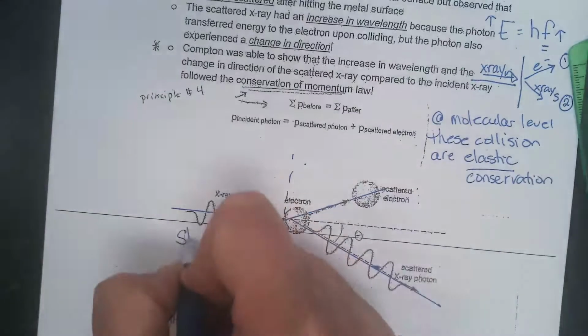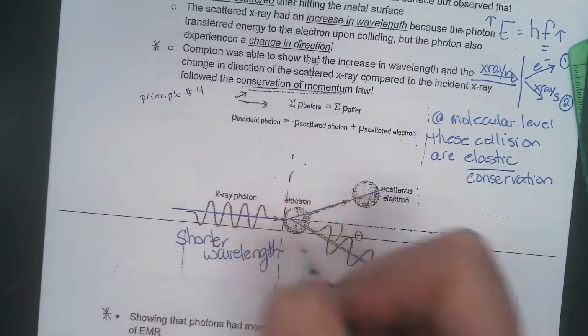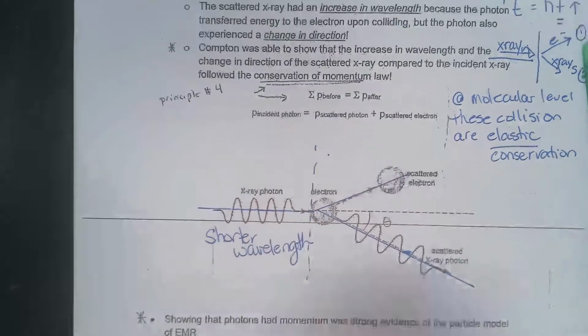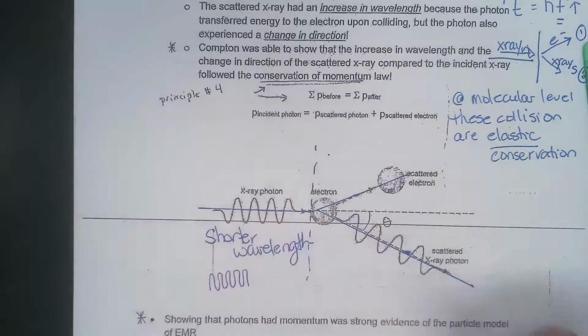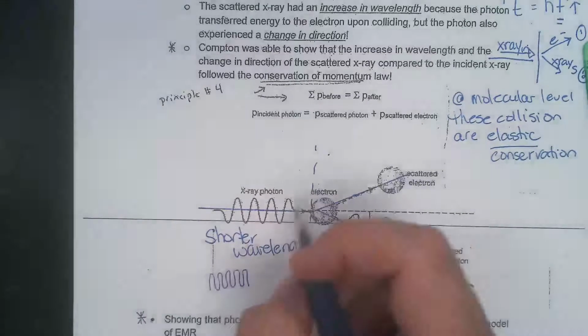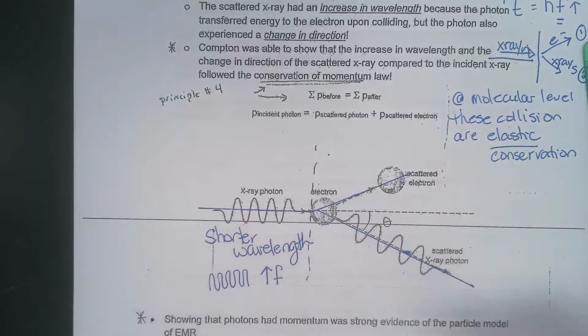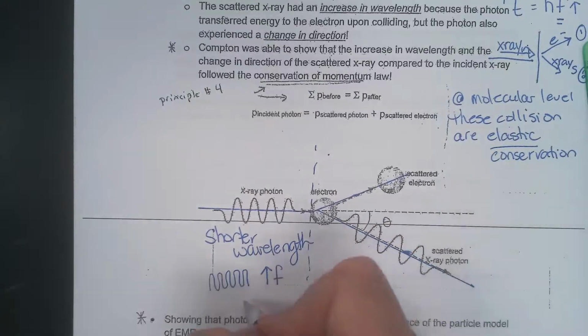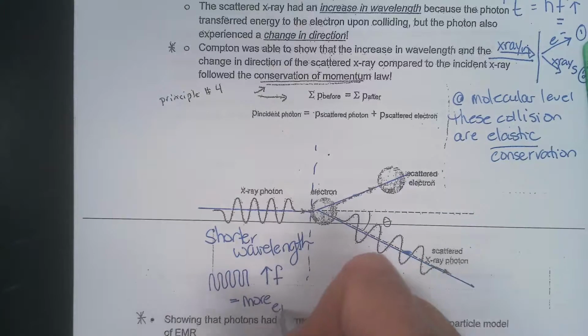When we see a shorter wavelength, we know that we have greater frequency, we have more cycles in a given period of time. If we have a shorter wavelength, we will have an increase in frequency. When we have an increase in frequency, we see that we have more energy.